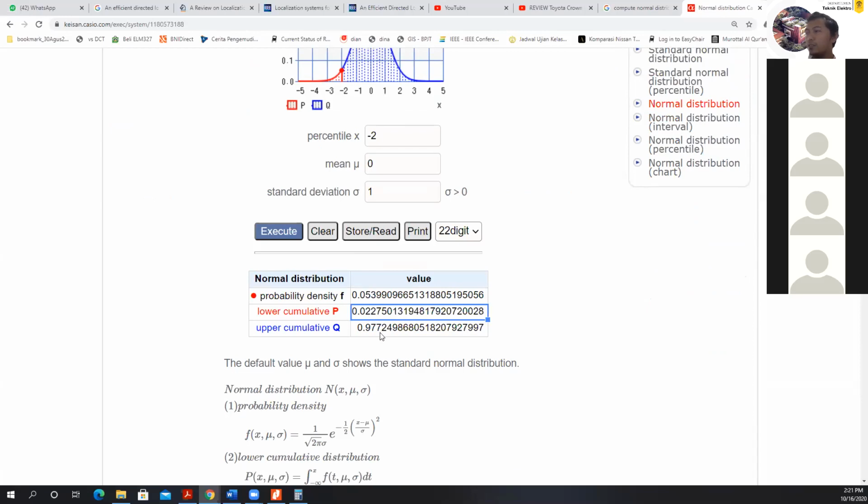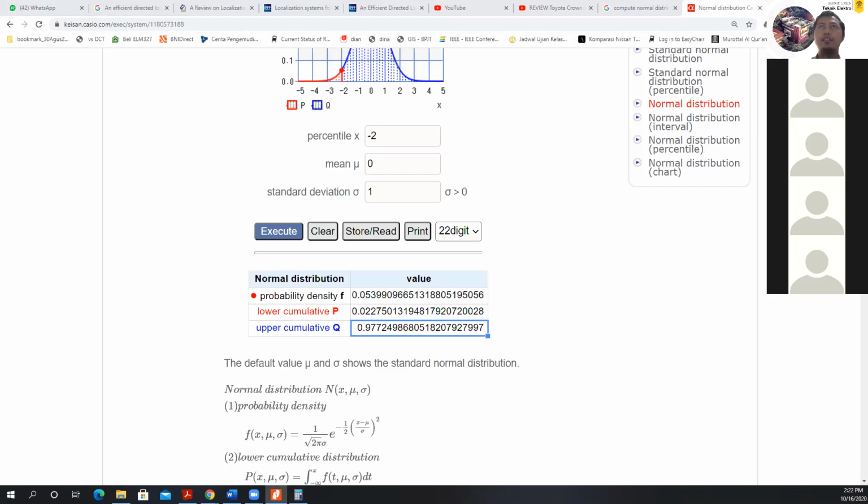Yeah, actually, how to say? Actually, this one is an approximation.